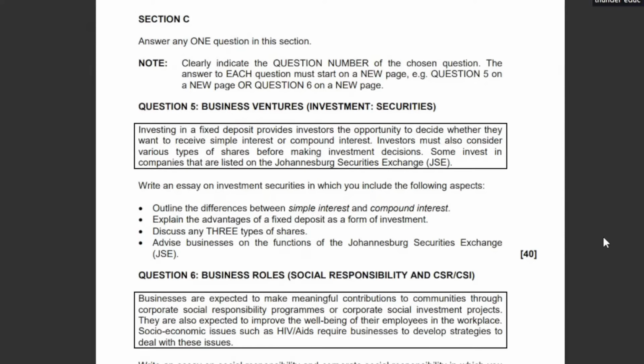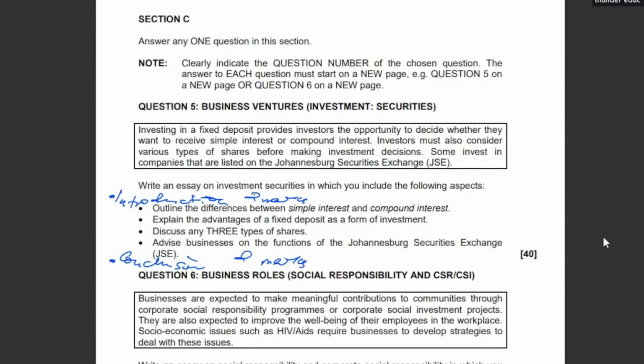So grade 12, remember the structure of the essay. You should provide the introduction and conclusion. Meaning here, you have to provide an introduction, and also you must have a conclusion. So now remember, you have 2 marks for introduction and also 2 marks for conclusion.